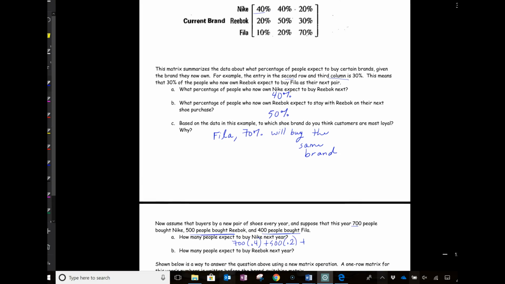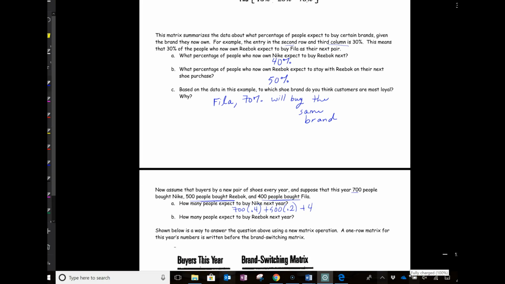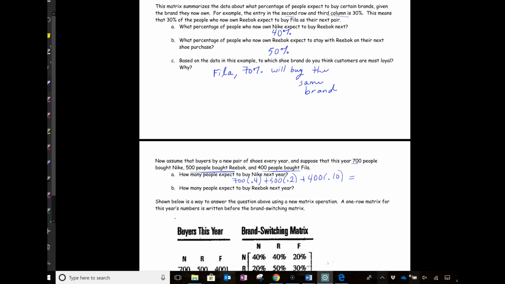Only 10%. So I'm going to take 400 and multiply it by 0.10, and then we can find our total. And so how many people total out of that value would buy Nike? Put that in on your calculator. It comes out to be 420. Okay, with your partner, do letter B.